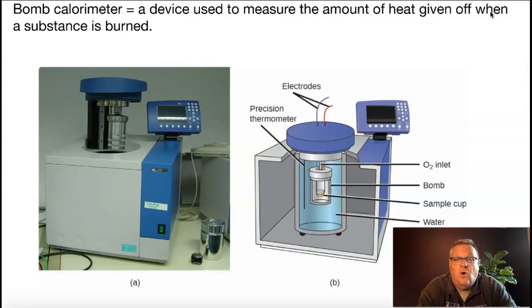It releases all of its heat as it burns, and all of that heat is transferred to the water around it. In this case, the Snickers bar is the system, and the water around it is the surroundings. Okay, so that's the thinking here. I'm going to do several examples, but we need to define what's happening. What are we observing? What are we paying attention to? Because we're going to calculate delta H for something like a Snickers bar burning.